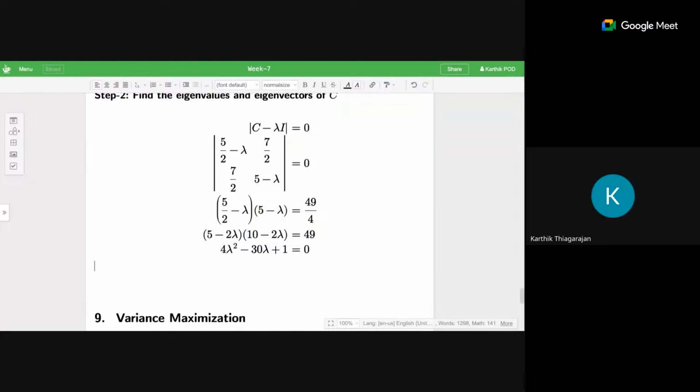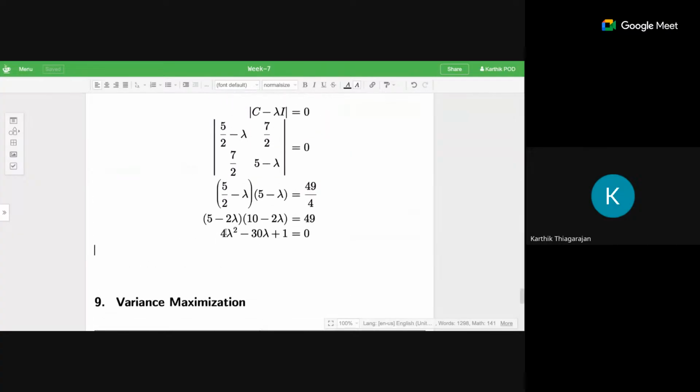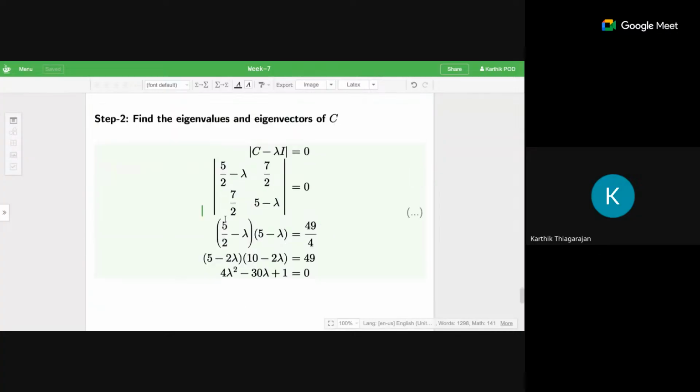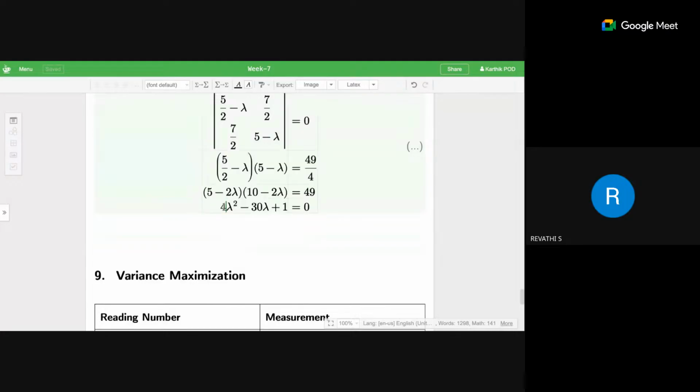All right, so once you do that, you will end up with 4 lambda square minus 30 lambda plus 1, so that's going to be some crazy roots. Can someone verify if we have done this properly? Yes, sir, I got the same last equation.